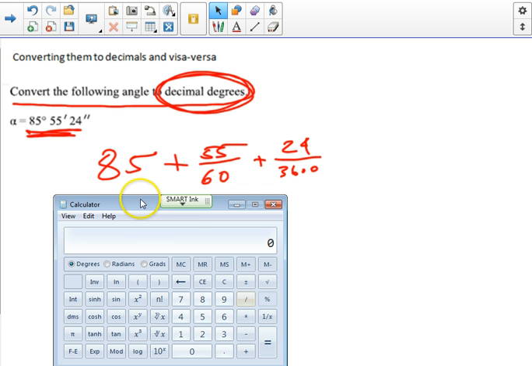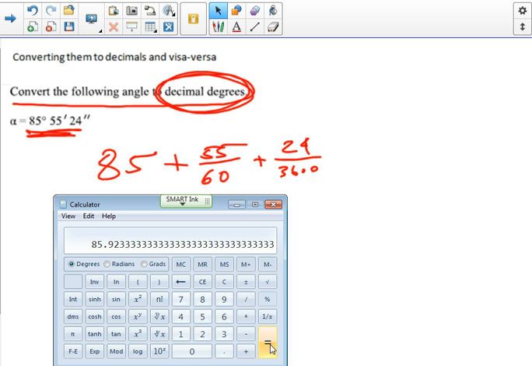Okay, let's try this now. So we're going to go 85 plus, let's use parentheses just to be sure. All the order of operations should be our friend here, right? We'll trust it. Plus 55 divided by 60 plus 24 divided by 3,600 equals.